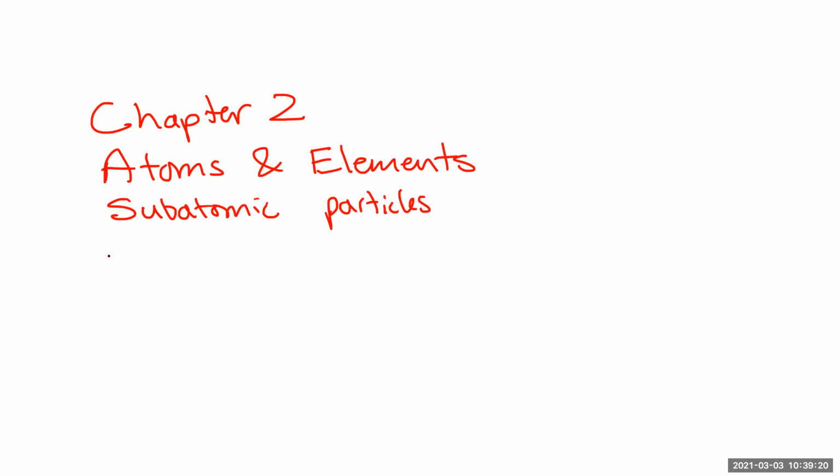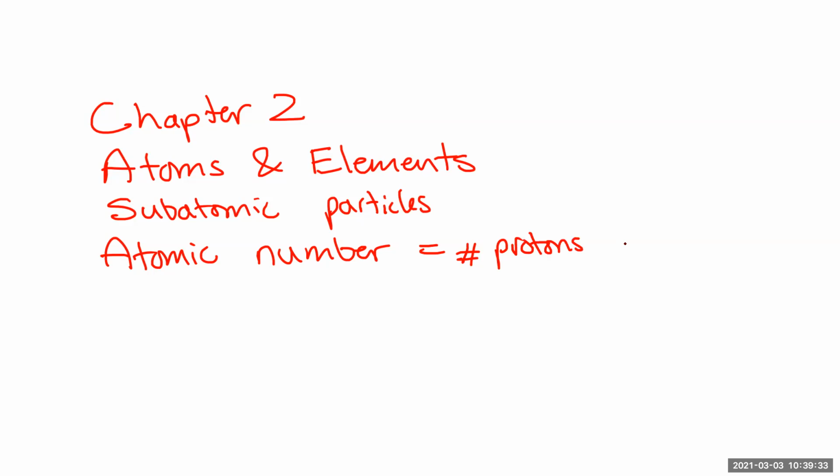And you should also be aware of the atomic number. And that is the first definition I'm going to touch on very briefly here. The atomic number is equal to the number of protons in the nucleus, okay?